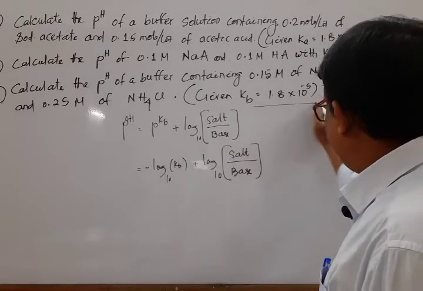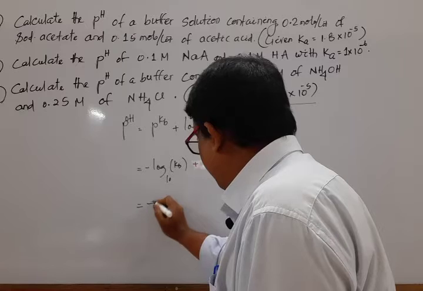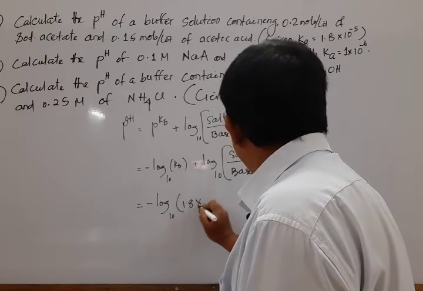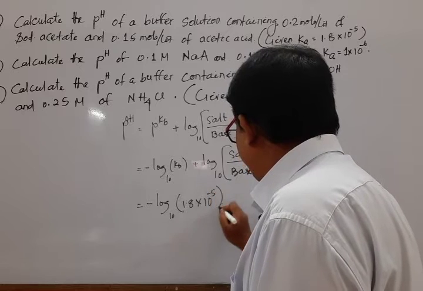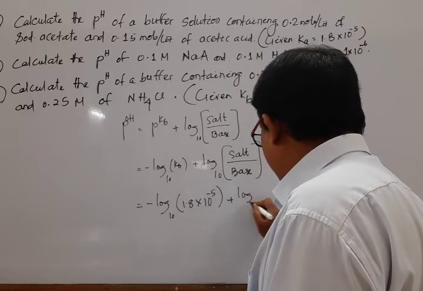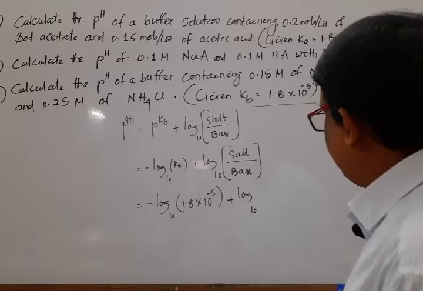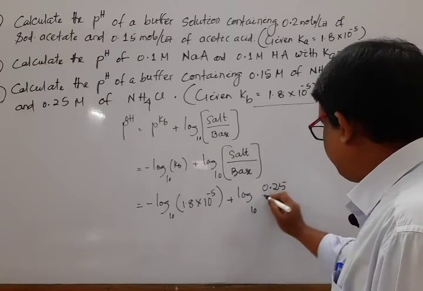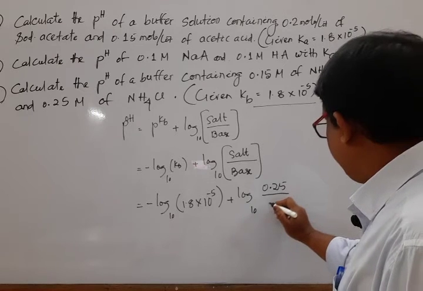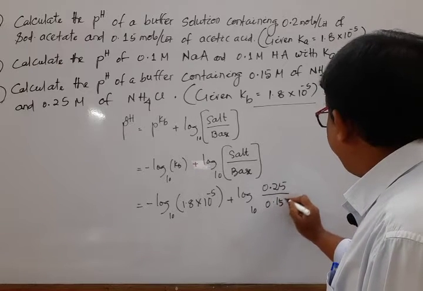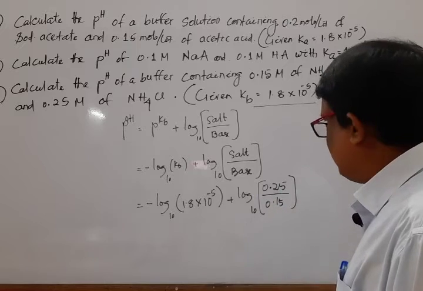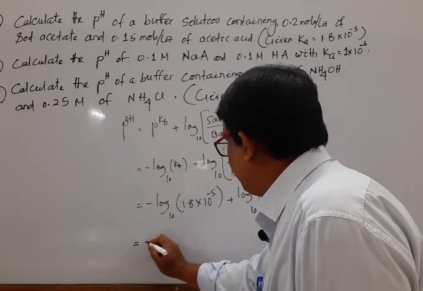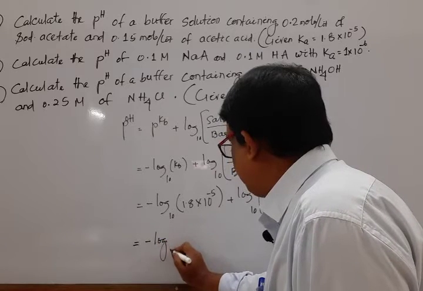Kb is equal to minus log 1.8 into 10 to the power minus 5 plus log base 10. What is the concentration of salt? That is 0.25 divided by 0.15.